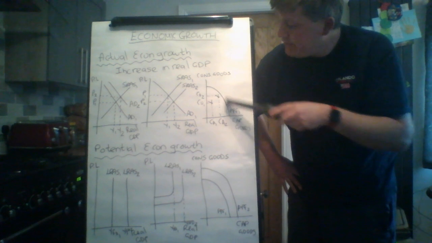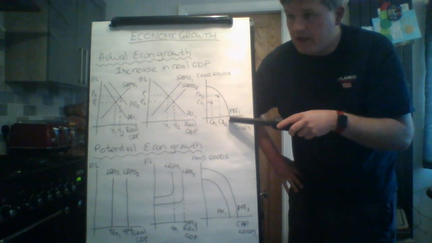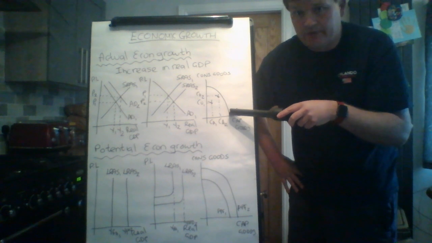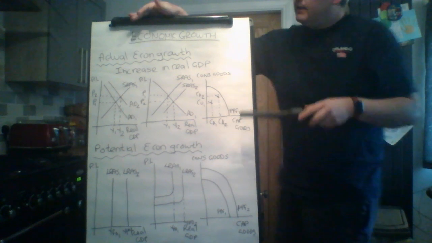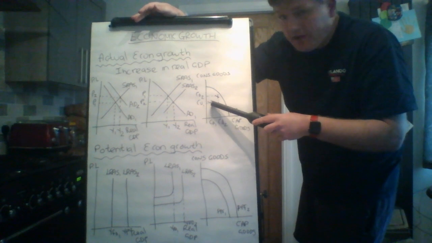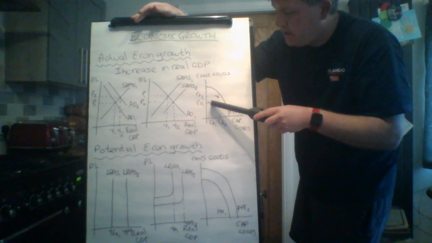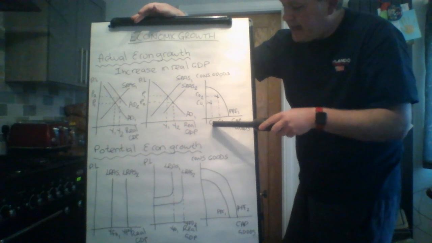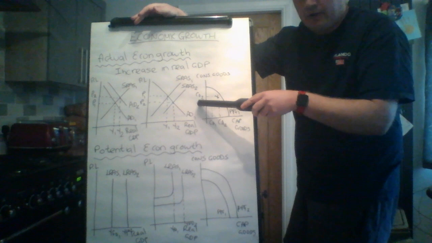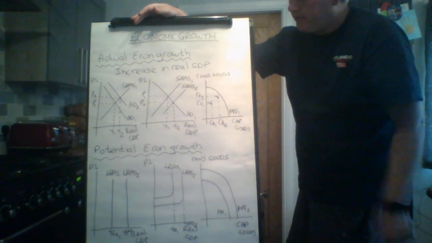The PPF itself measures maximum possible output that the economy is capable of producing with an efficient use of its factors of production. Now in this diagram here, I'm assuming the economy is starting at that output level there. So they're producing CO1 consumer goods and CA1 capital goods. If I worked out the value of this output, it would tell me the real GDP of the economy.